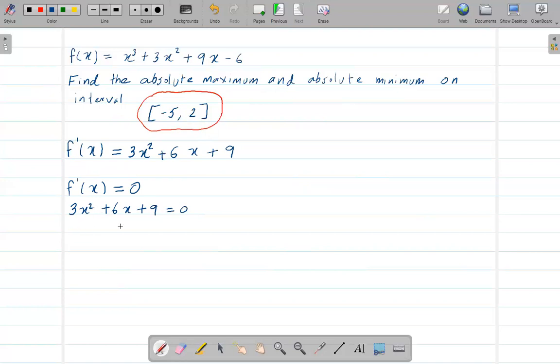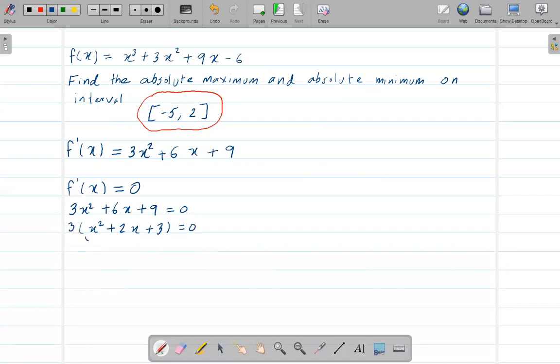Now solve for x. Let's factor out 3, so the remaining terms are 3(x squared plus 2x plus 3), and you can divide by 3 on both sides, so the 3 will be gone.